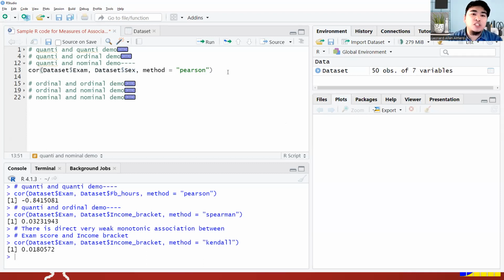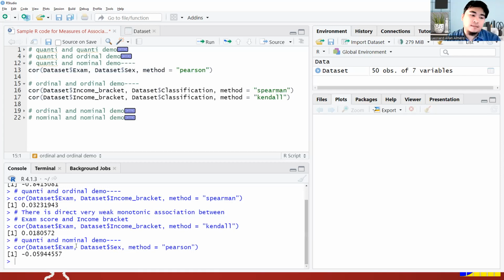Meron pong package pero kailangan nyo pa ng mag-add on, mag-download, mag-install. So, ito po ay parehas lang din naman ang lalabas doon. So, pag niran po natin yan, correlation ng exam at sex gamit ang Pearson, ito po ang lalabas. Negative 0.0594.